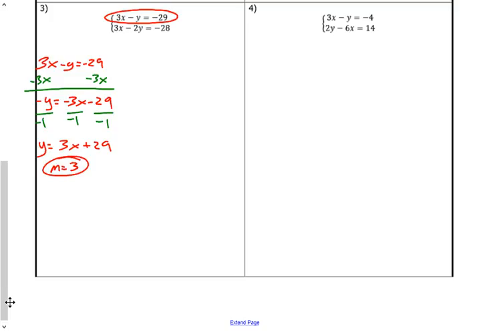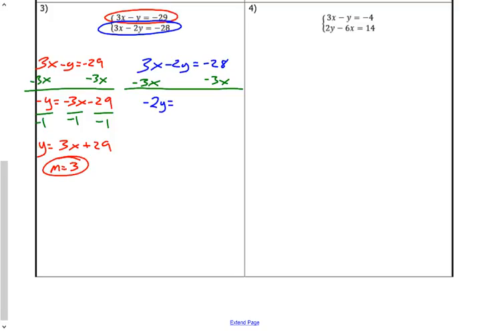All right. So let's look at the second one. Same thing, we're going to subtract my 3x. And at some point, you might actually be able to tell just by looking at the equation what's going to happen. If not, here's my 3x now on the other side. Divide by -2.